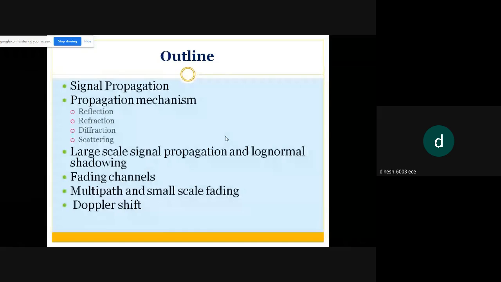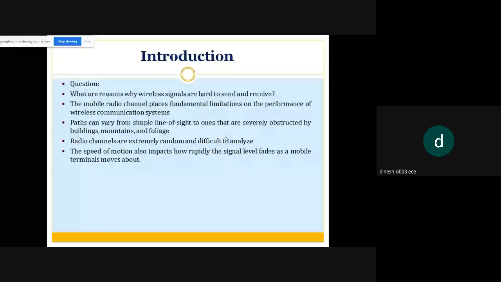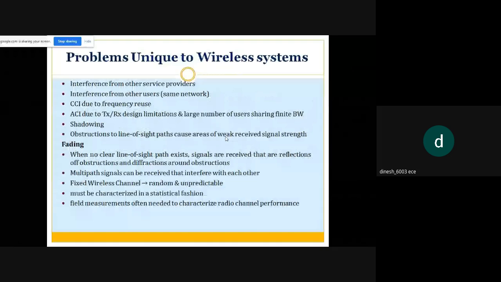We had seen the reasons and the problems in designing a wireless system. It's a unit on wireless communication: the channel, shadowing, line of sight, followed by the three different mechanisms: reflection, diffraction, and scattering.